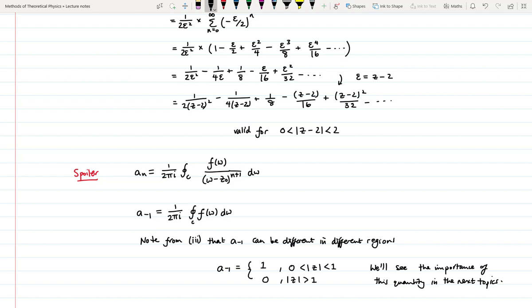We then derived Laurent series, and these were power series in positive and negative powers of z minus z0. This allowed us to expand complex functions in an annulus of analyticity, i.e. about some singularity. And in this last video we looked at some examples, and we saw that the coefficients of your Laurent series depend on the region you're expanding in. We'll see the relevance for contour integrals in the next topic.